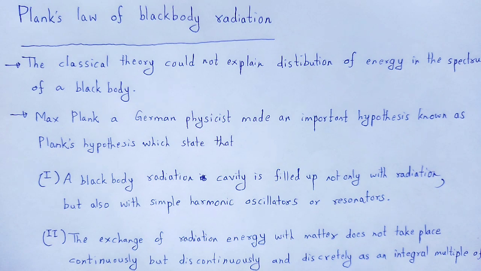Means the experimental result of blackbody radiation doesn't match their theoretical result. To avoid such difficulties, Max Planck proposed his law, or we can say his hypothesis, regarding the blackbody radiation spectrum.